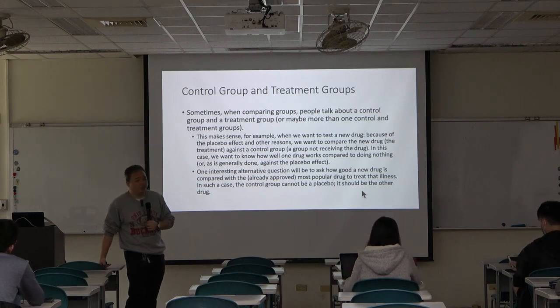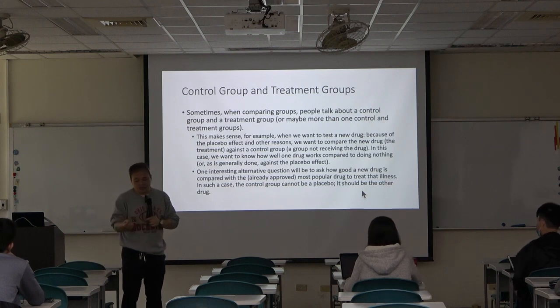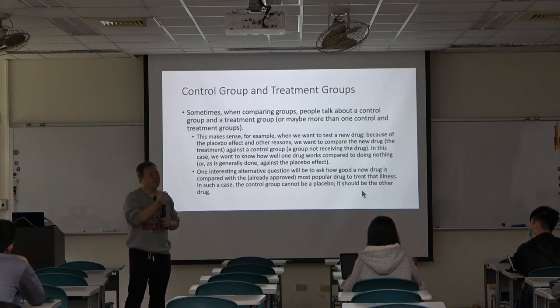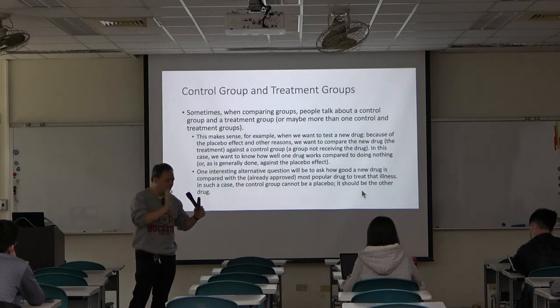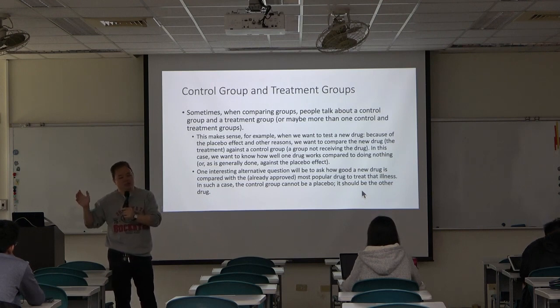What is a placebo? Placebo is something similar to a drug, but it's just, for example, a vitamin or something. It doesn't have any effect, but they will feed this placebo to those patients in the control group. And the patients in the treatment group will take the real drug.